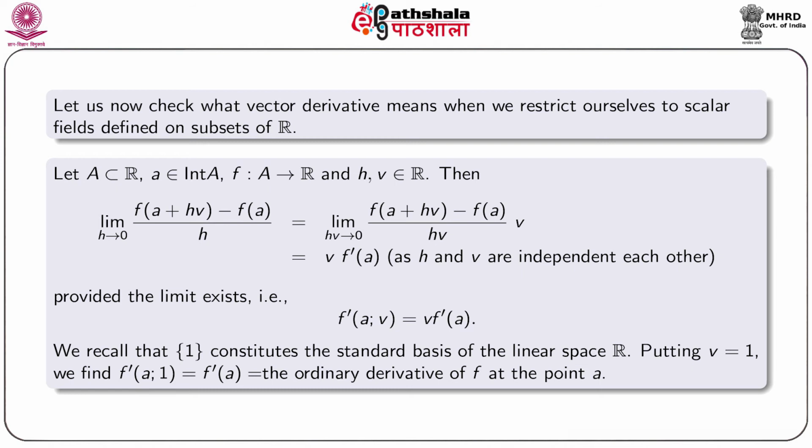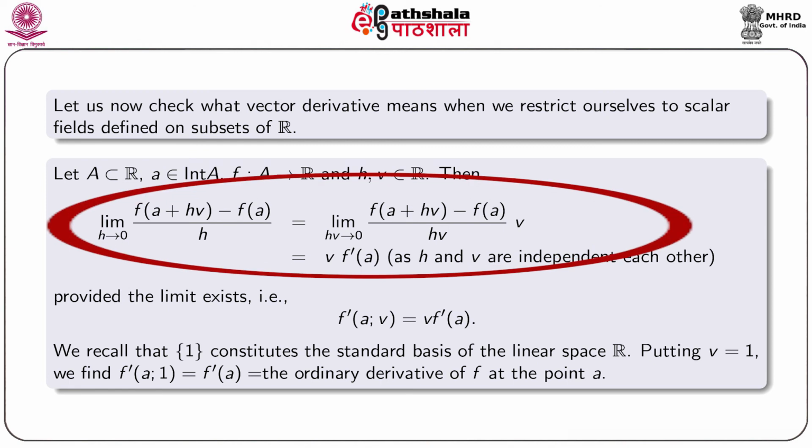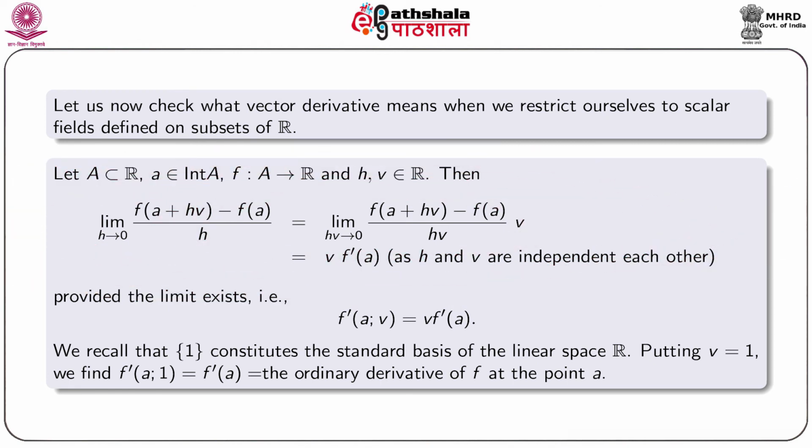Let us now check what vector derivative means when we restrict ourselves to scalar fields defined on subsets of R, that is, when we consider single variable calculus. Let A be a subset of R, a is an interior point of the set A, and f is a real valued function defined on A. We select h and v from R, then the limit of f of a plus h v minus f a by h is nothing but f dash a v.